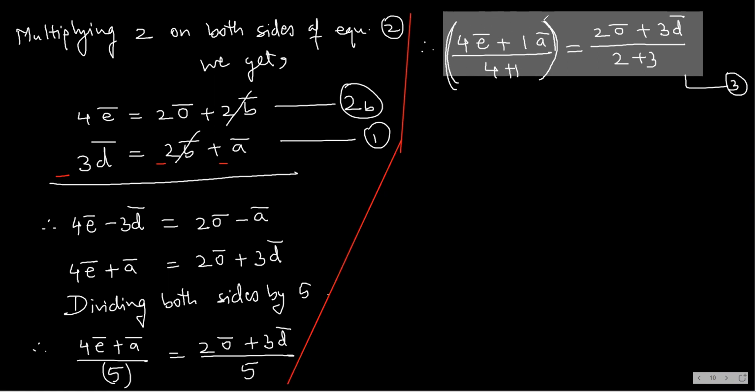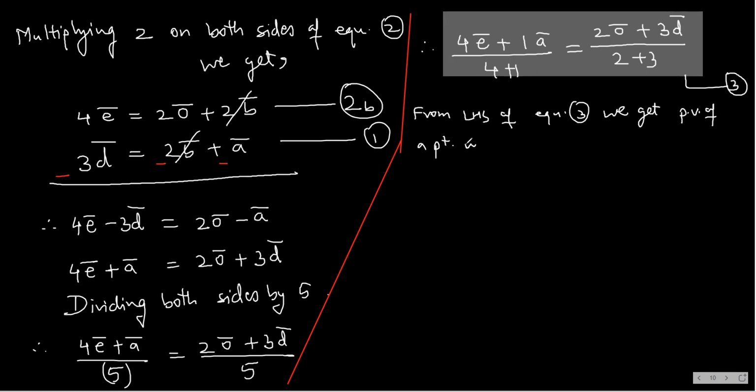From LHS of equation 3, we get the position vector of a point which divides segment AE, and I'm writing A then E. I have a plus sign here, it means it is internal division, which divides segment AE internally in the ratio 4:1.